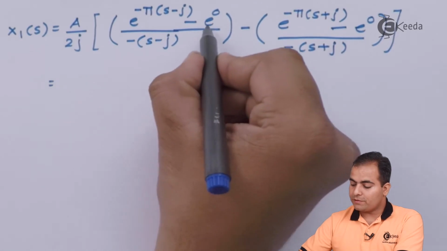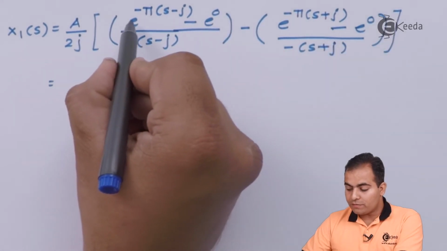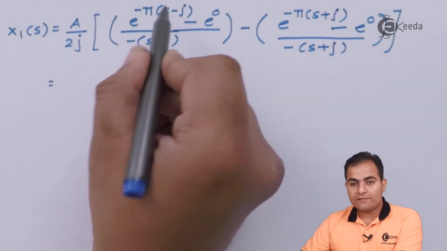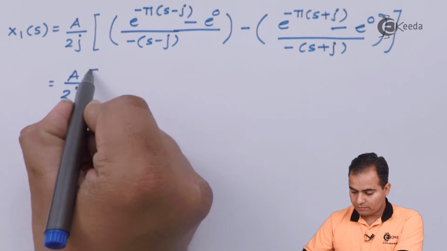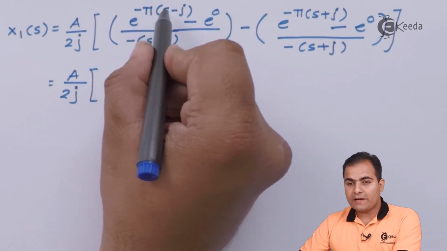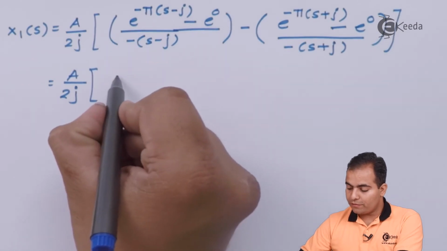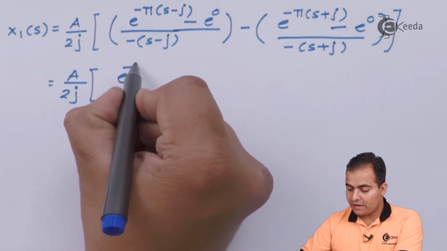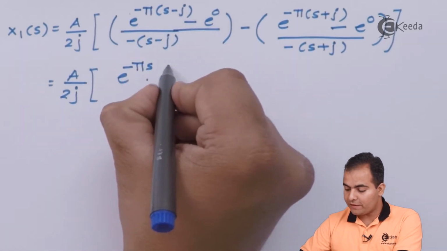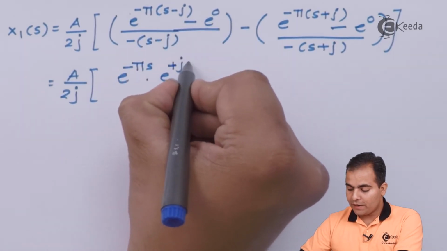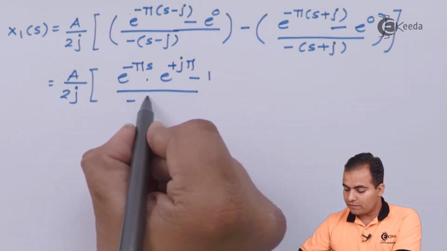Now I'll substitute the limits, e to the power 0 is 1, and I'm going to split the powers of the exponential function. How? I'll show you. Just multiply this pi inside this bracket and split these powers. So what you will get, e to the power minus pi s into e to the power minus minus become plus, so we have e to the power plus j pi, minus 1, upon minus of s minus j.